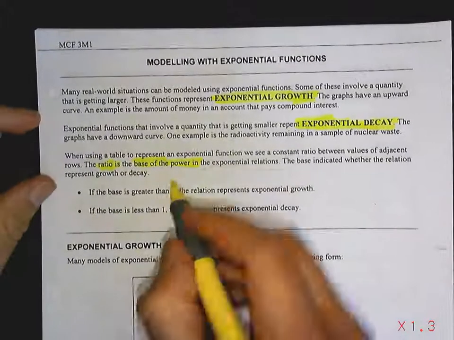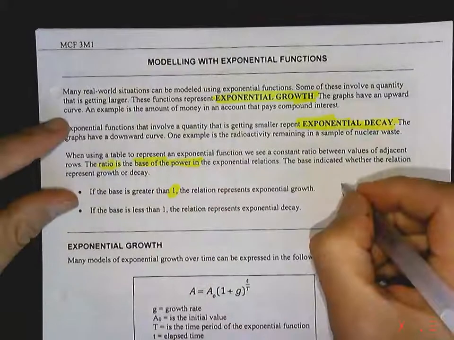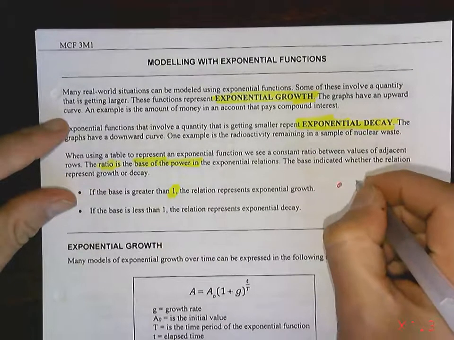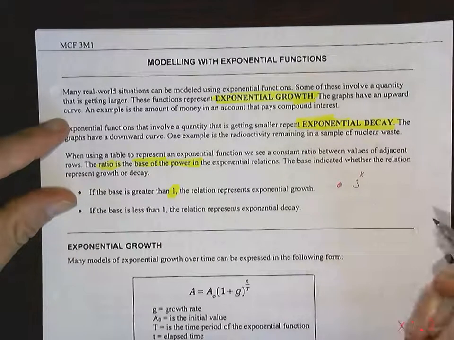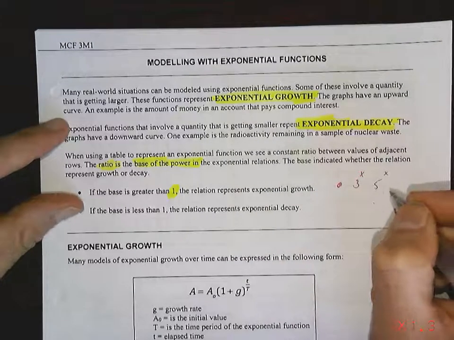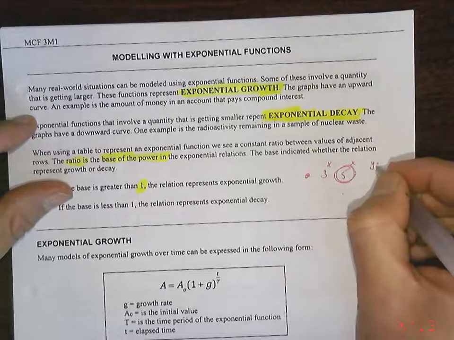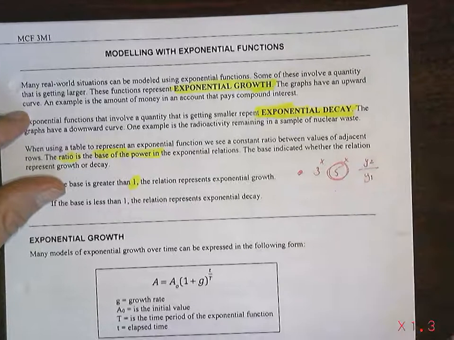If the base is greater than 1, so if it looks something like 3 to the x, then that's going to be exponential growth. If it's 5 to the x, that's going to be exponential growth. We're going to see this value when we take y2 and divide it by the y value that came before it.